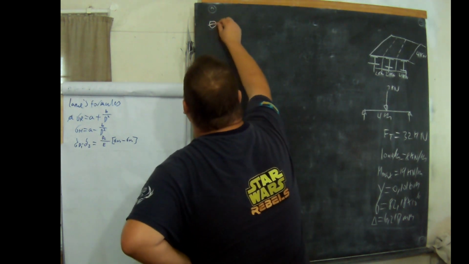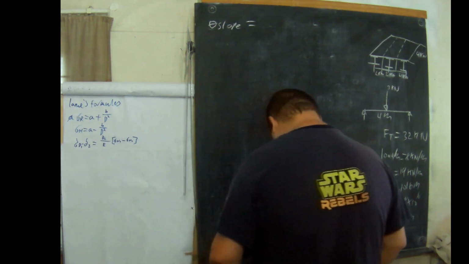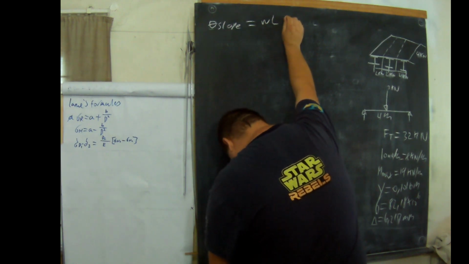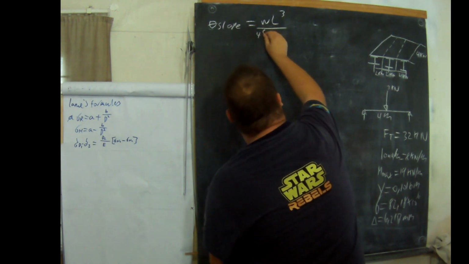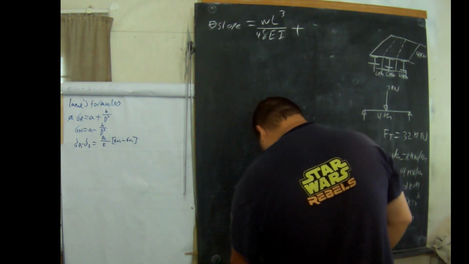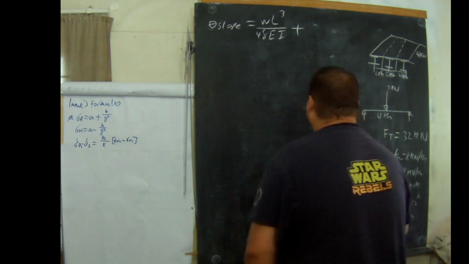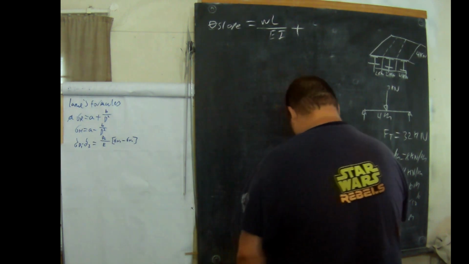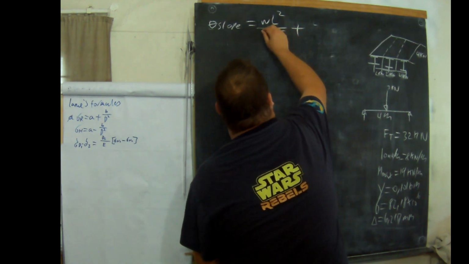So there's the point load, W L cubed over 48 E I plus, numbers, it is squared and 16.